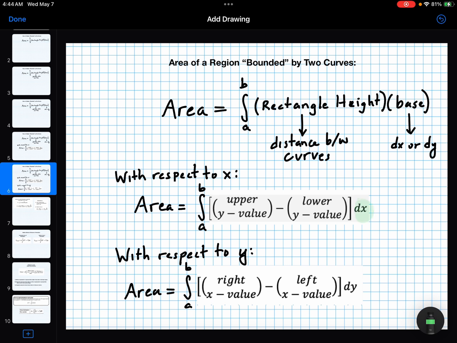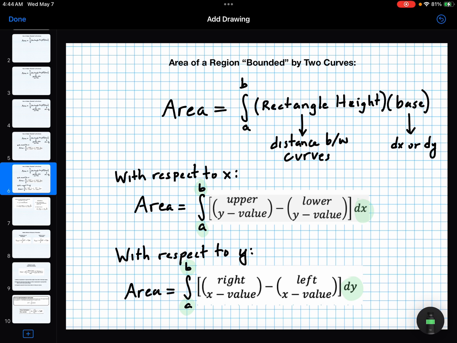So if it's with respect to x, a and b are starting and ending x values. So from the left to the right, a would be on the left, b would be on the right, generally when you're finding area, although that can be reversed for just integration problems. If you're talking about y, then a is your lower y value and b is your upper y value.